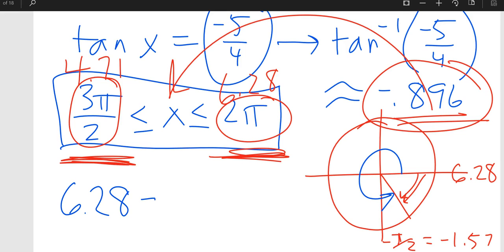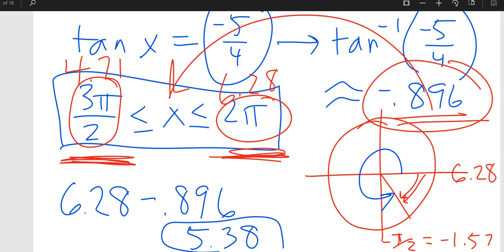Subtract, right? The 0.896. So I reach over to my handy dandy calculator, 6.28 minus 0.896. And they wanted, I think, to the hundredths place. So 5.38 was your answer.